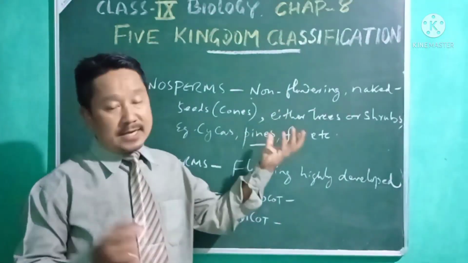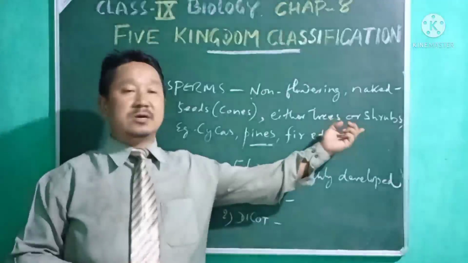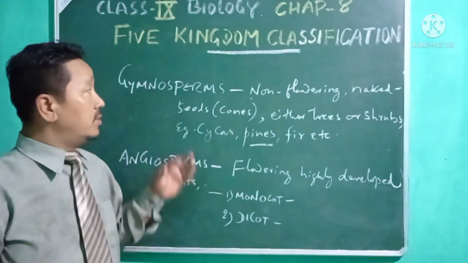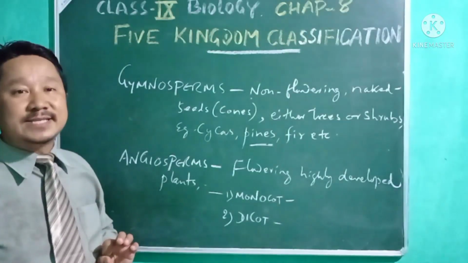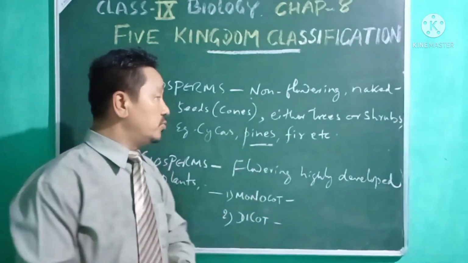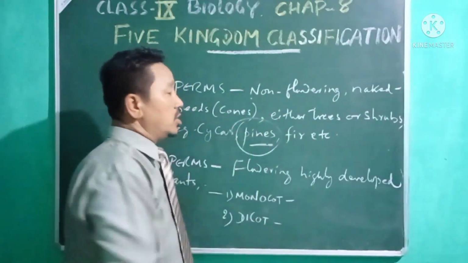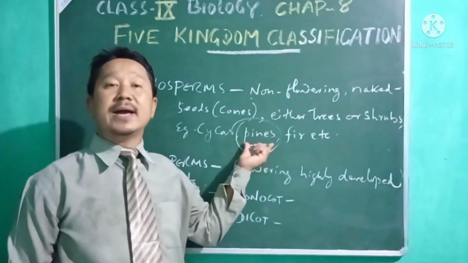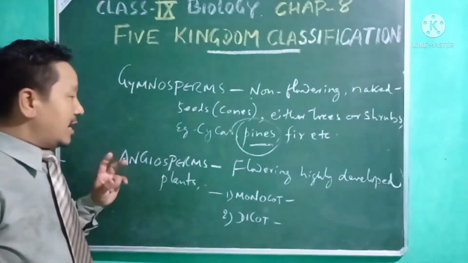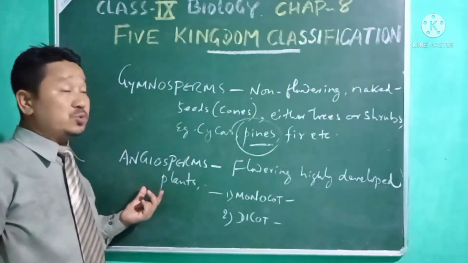And as I told you, they are either trees or shrubs. Shrubs means not that tall. In that form also gymnosperms can be seen. Examples: cypress, pines, fir. As I've told you, we are very much acquainted with these trees called pines, or in Nepali we call it dhupiko ruk.